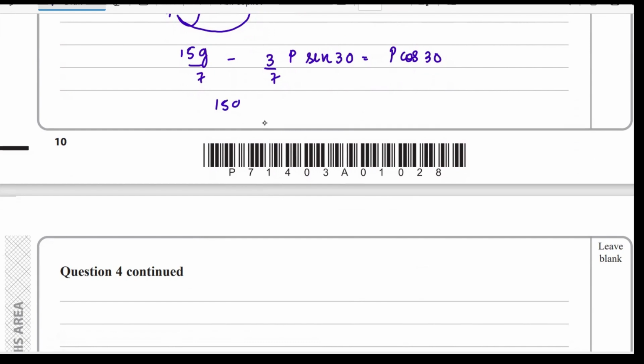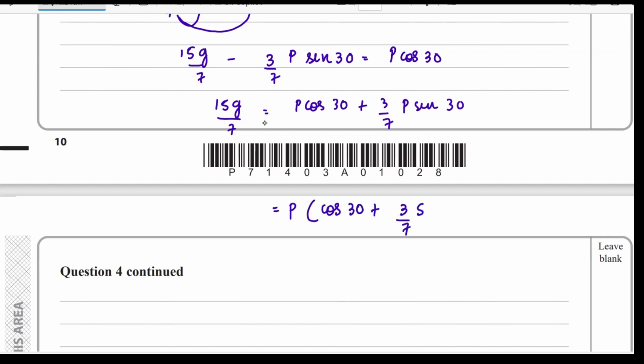So 15G divided by 7 is equal to P cos 30 plus 3 by 7 P sine 30 goes to the other side. So I'll take P common outside. So P into cos 30 plus 3 by 7 sine 30 is equal to 15G divided by 7.